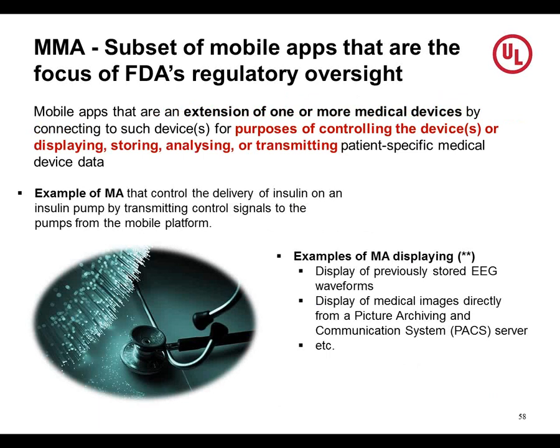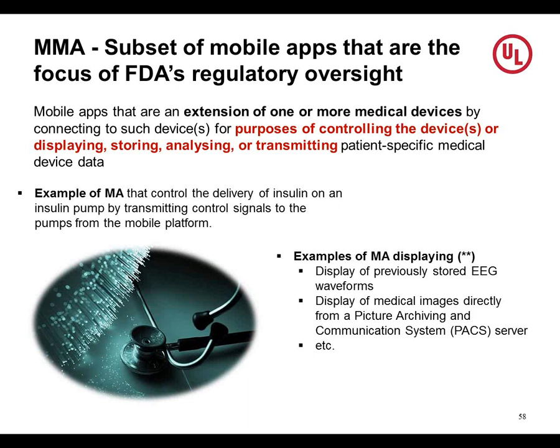A couple of examples of that. And again, controlling, displaying, storing, or analyzing specific medical device data could include things like delivery of insulin on an insulin pump. So that could include patient-specific medical information such as dosage size.